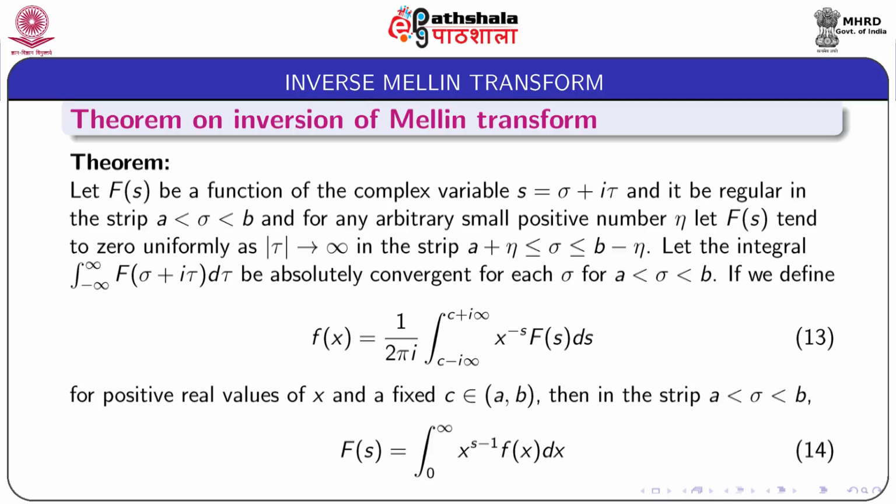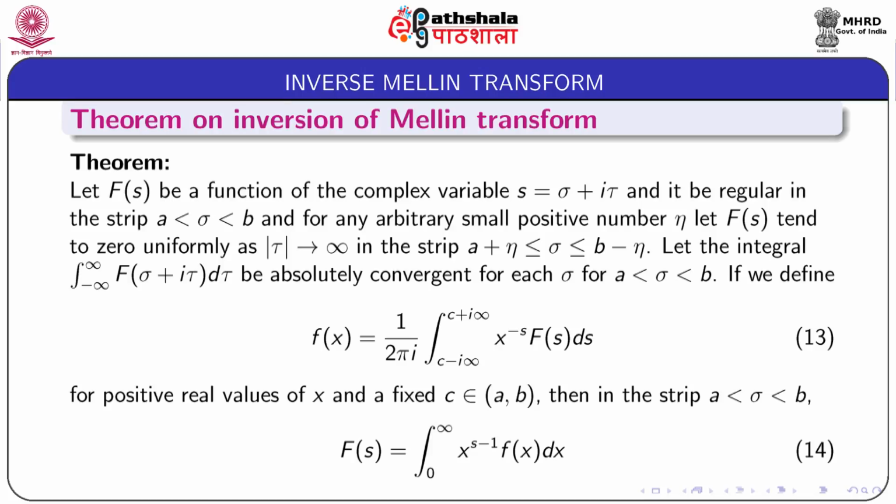Let capital F(s) be a function of complex variable s equal to sigma plus i tau and let it be regular in the strip a less than sigma less than b, and for any arbitrary small positive number eta, let capital F(s) tend to 0 uniformly as mod tau tends to infinity in the strip a plus eta less than or equal to sigma less than or equal to b minus eta.